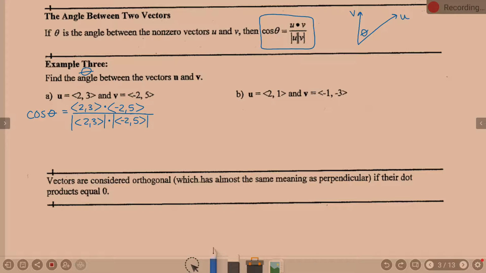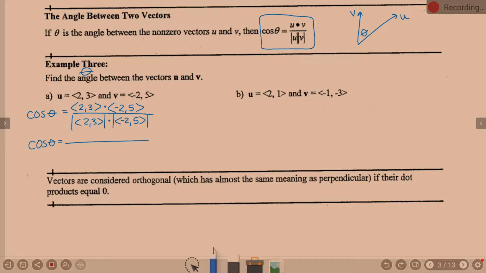Now, let's see. Let's do a little bit of the math here. I'm going to leave it as cosine of theta for right now. How do I multiply the vectors 2, 3 and -2, 5?